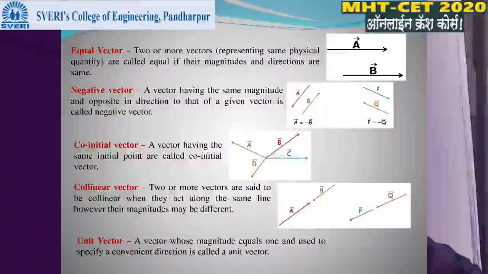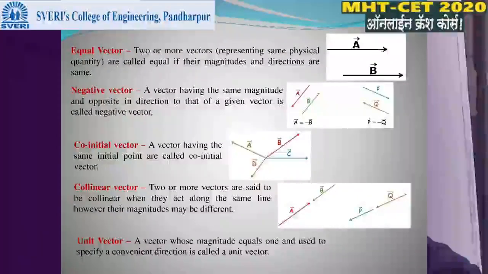So next type is the negative vector. A vector having the same magnitude and opposite in direction to that of a given vector is called negative vector.